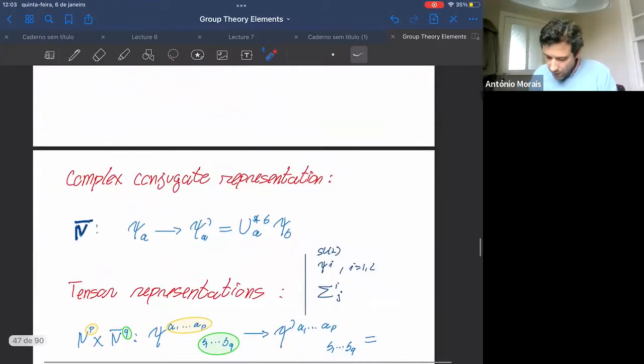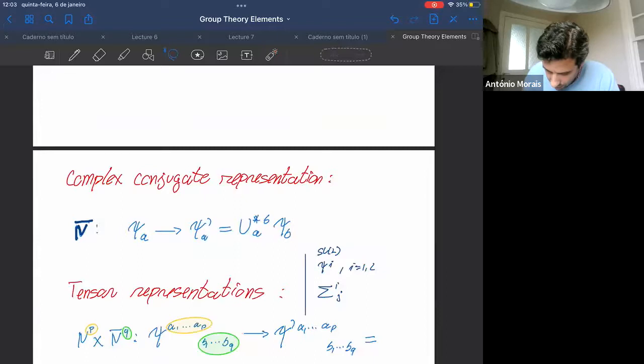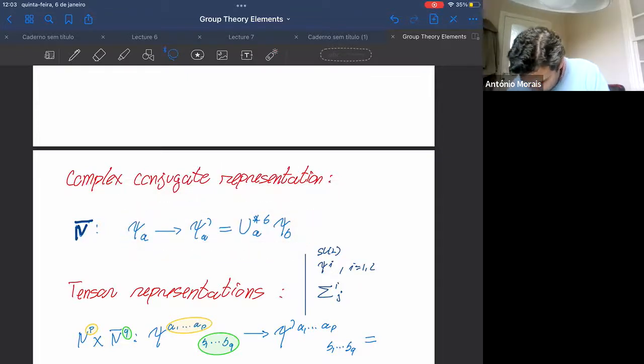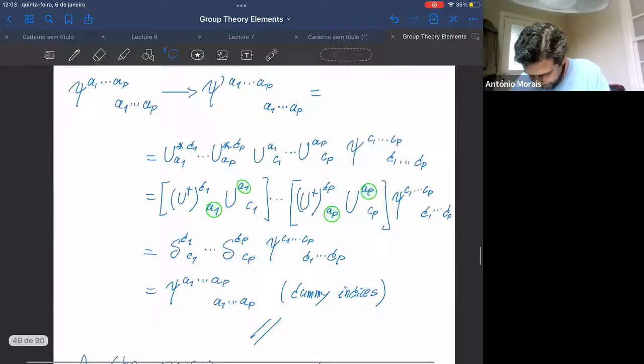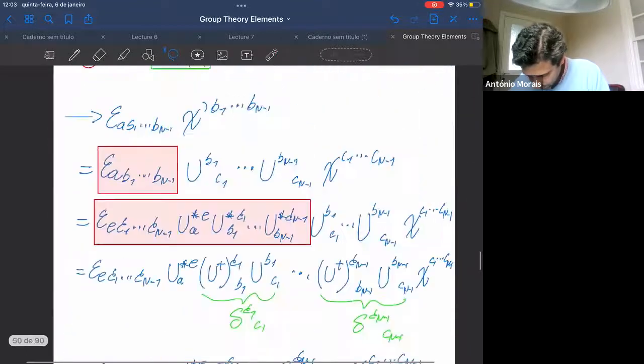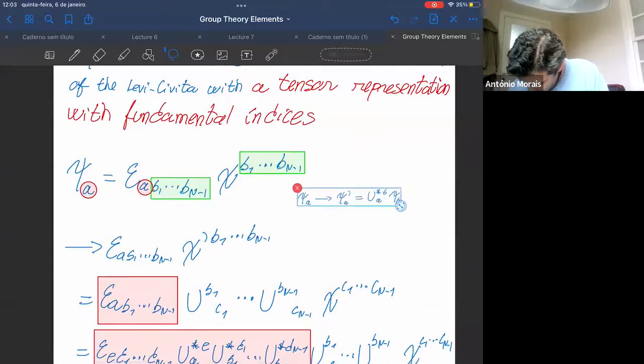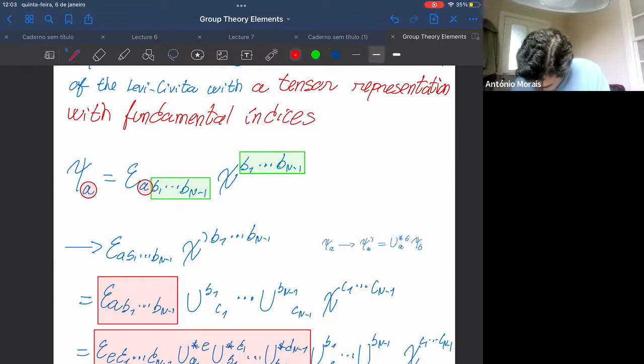It's here. So it has to transform in this way. Let me copy this, and put it here, but smaller. So what we want to check is that this transforms in this way. Let me make a separation here. Right. So this is what we want to prove.